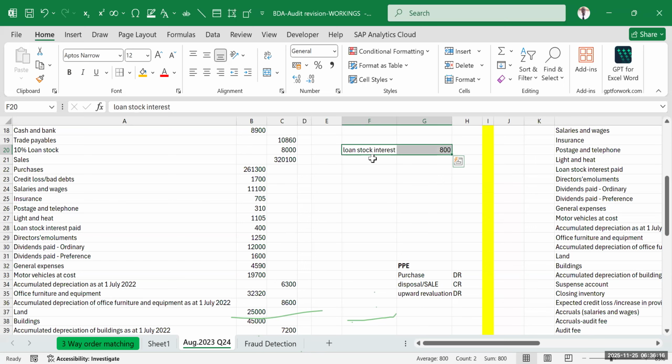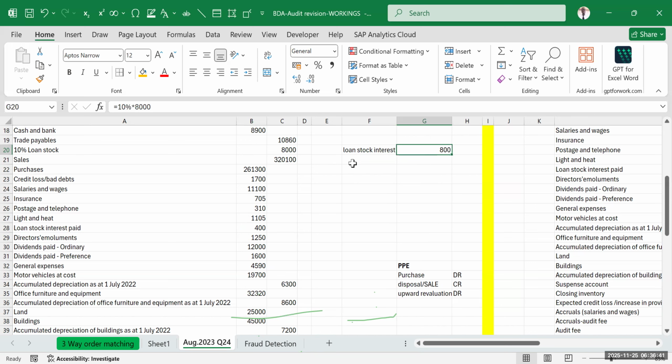Under accruals, we are having 400 to recognize because we've paid 400. But again, remember, the total charge for the year is 800. Being the total charge for the year, that is the interest expense. So we are going to look at the accrual part of it.